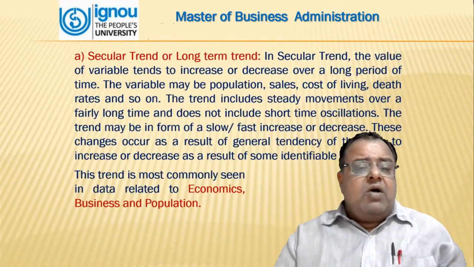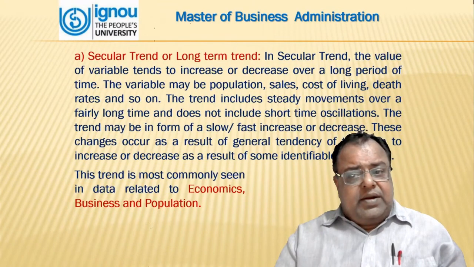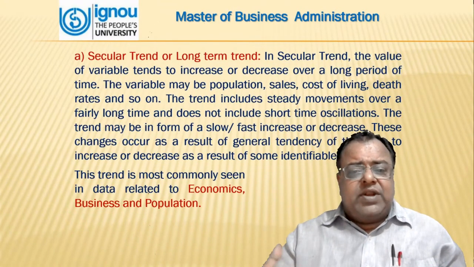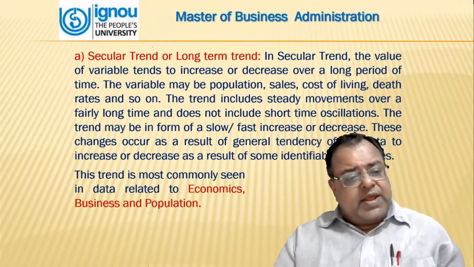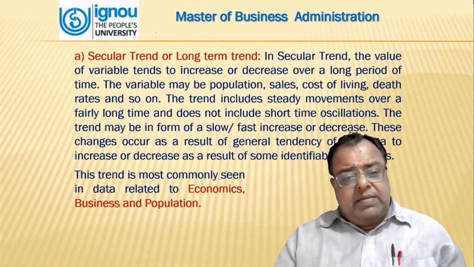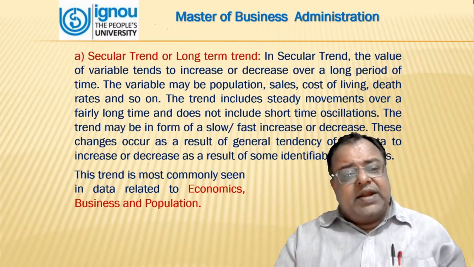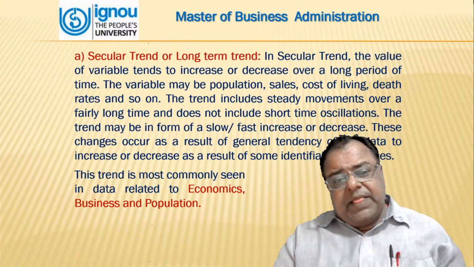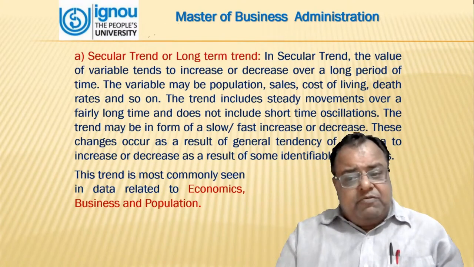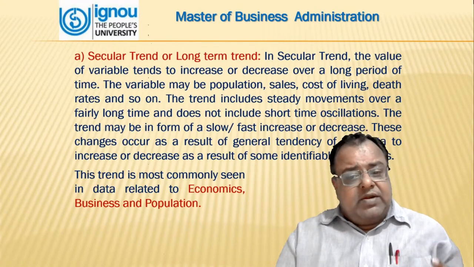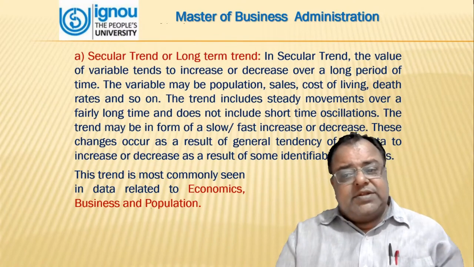Secular trend or long-term trend is where the value of a variable tends to increase or decrease over a long period of time. The variable may be population, sales, cost of living, death rates, and so on. The trend includes steady movements over a fairly long time and does not include short time oscillations.